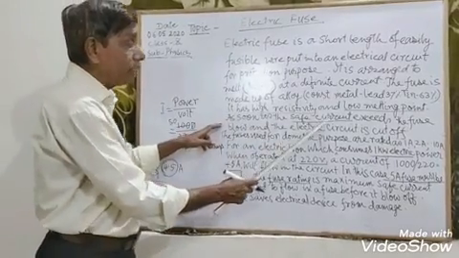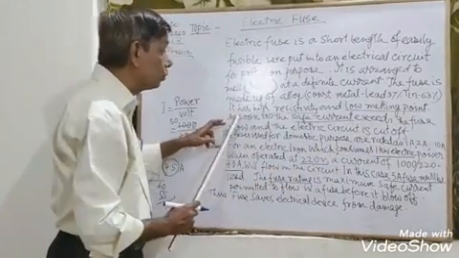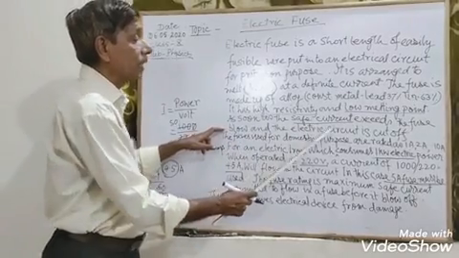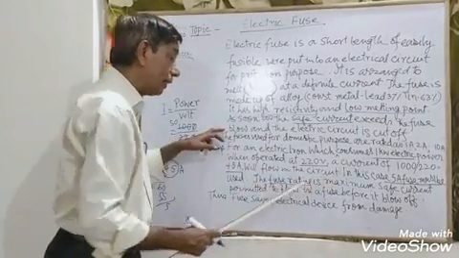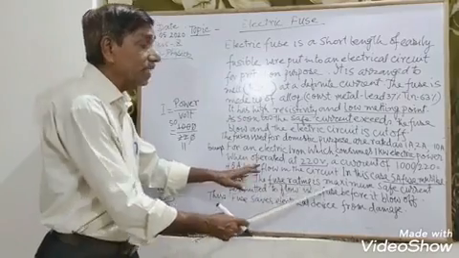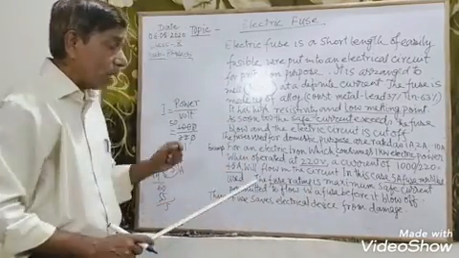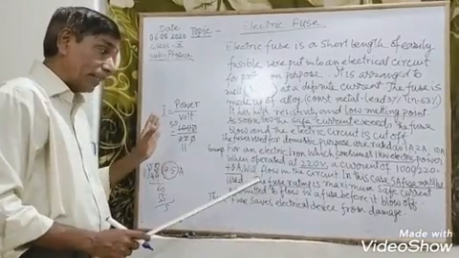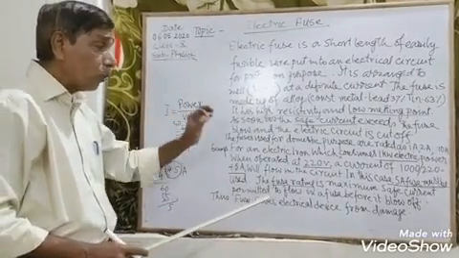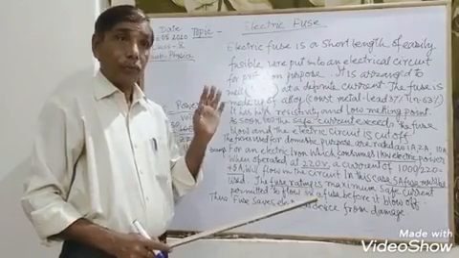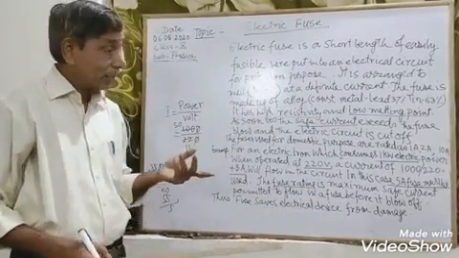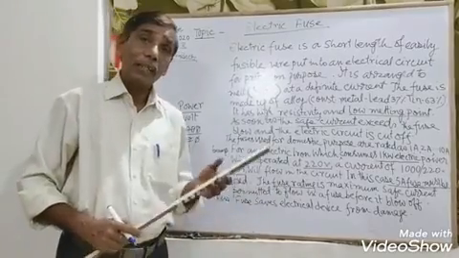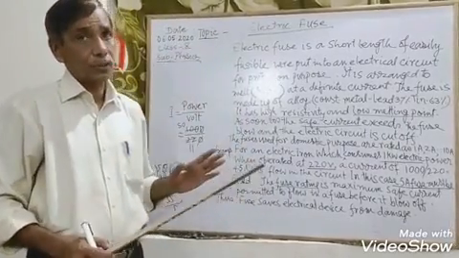As soon as the safe current is exceeded, the fuse blows and the electric circuit is cut off. So the fuse rating is the maximum safe current permitted to flow in the circuit before the fuse blows off. So obviously the electrical gadget will be saved from damage.